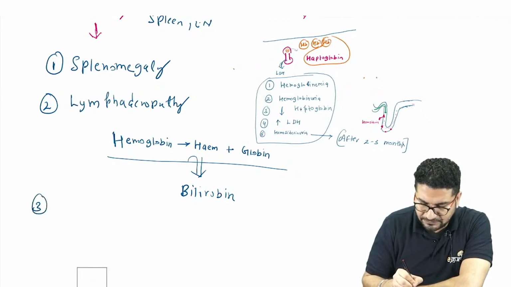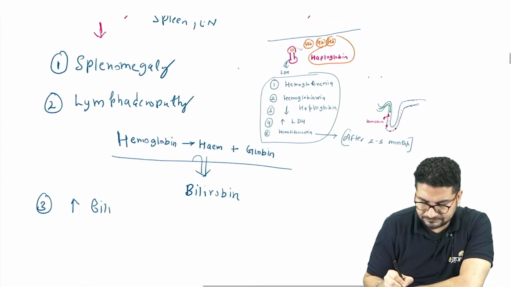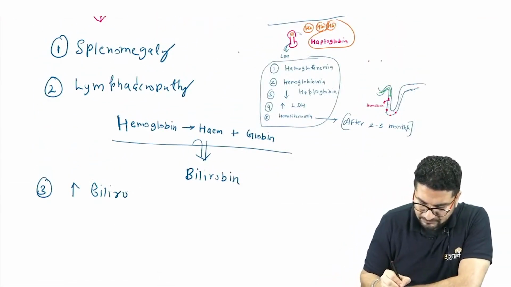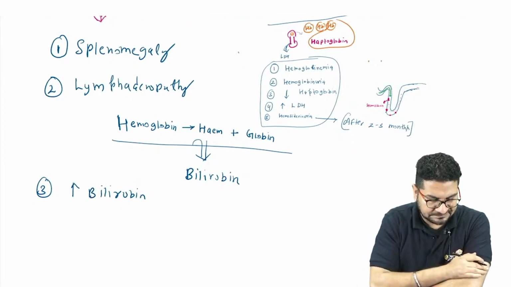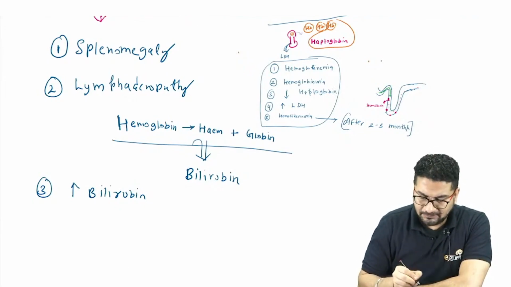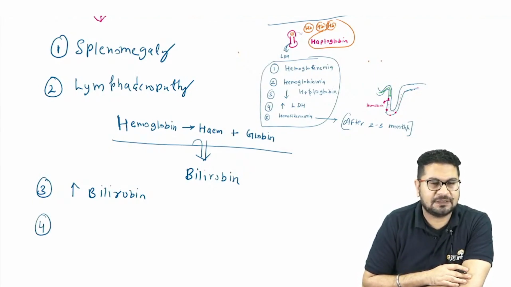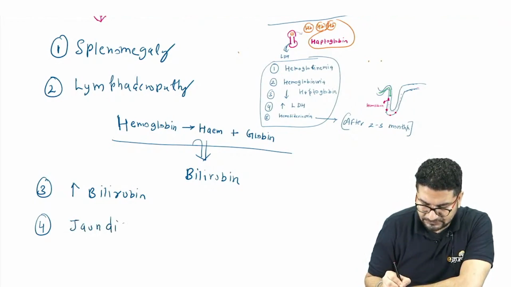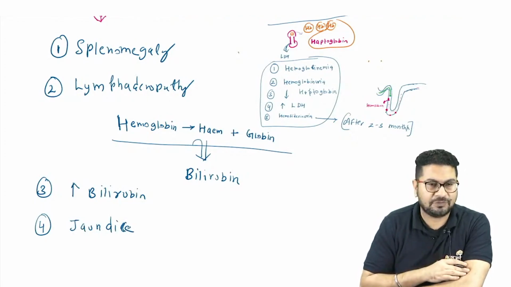So the third feature you will notice, the patient can develop an increase in bilirubin. Clear? More bilirubin can cause jaundice. Remember, an anemia patient can also develop jaundice.